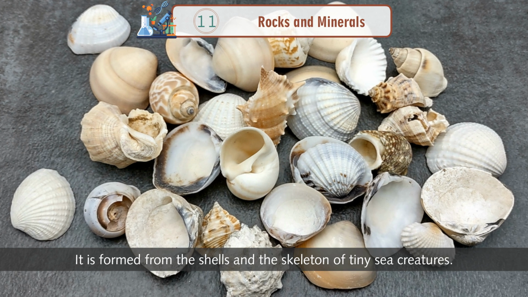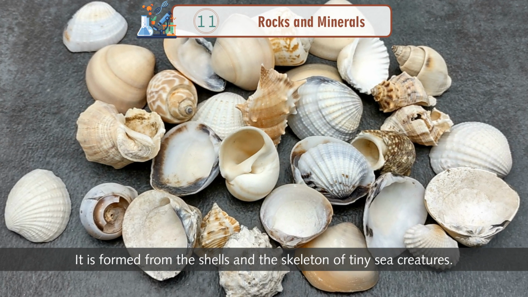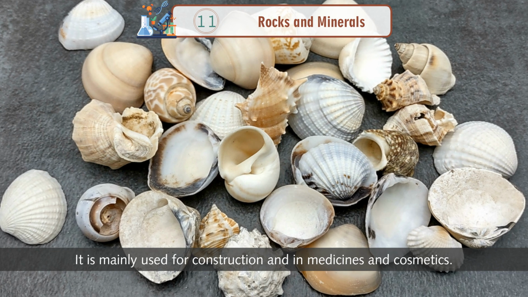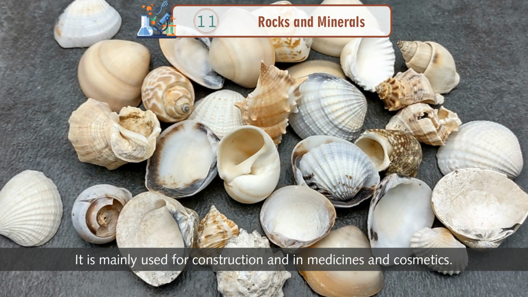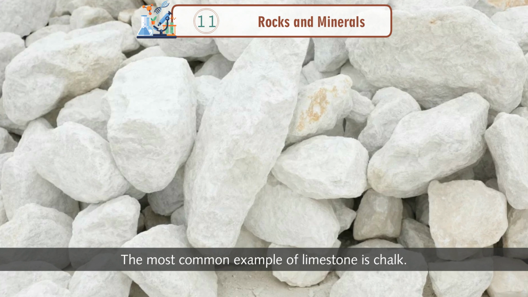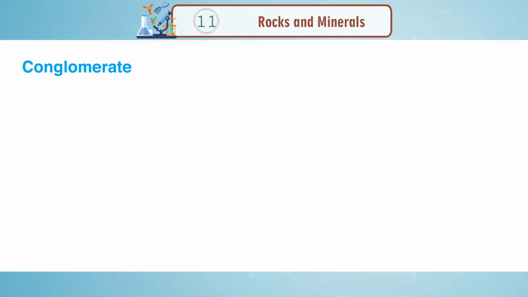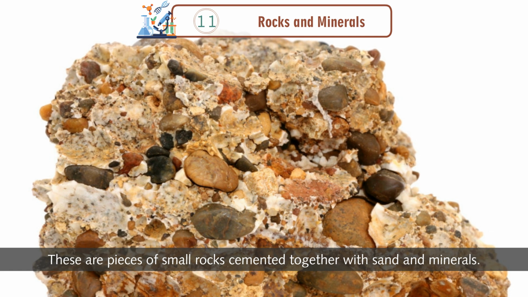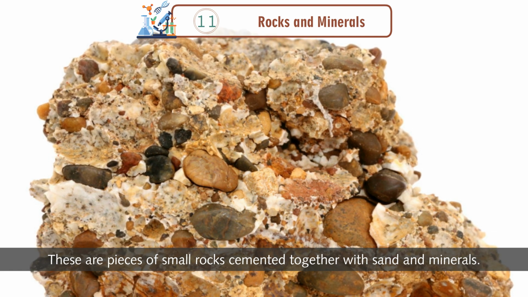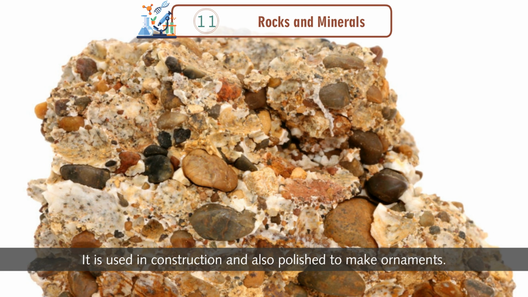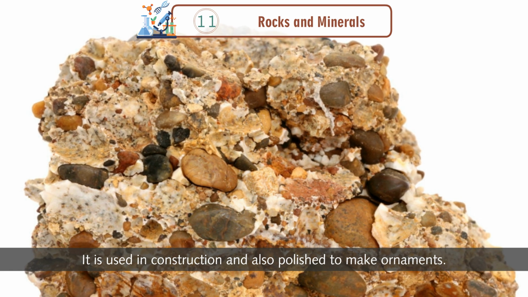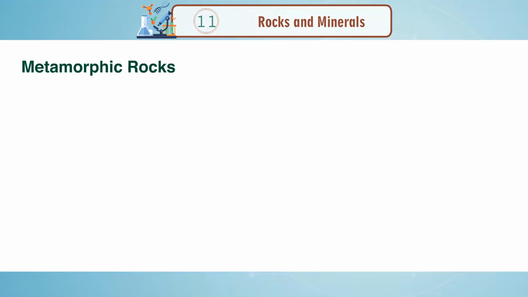It is formed from the shells and the skeletons of tiny sea creatures. It is mainly used for construction and in medicines and cosmetics. The most common example of limestone is chalk. Conglomerate. These are pieces of small rocks cemented together with sand and minerals. It is used in construction and also polished to make ornaments.